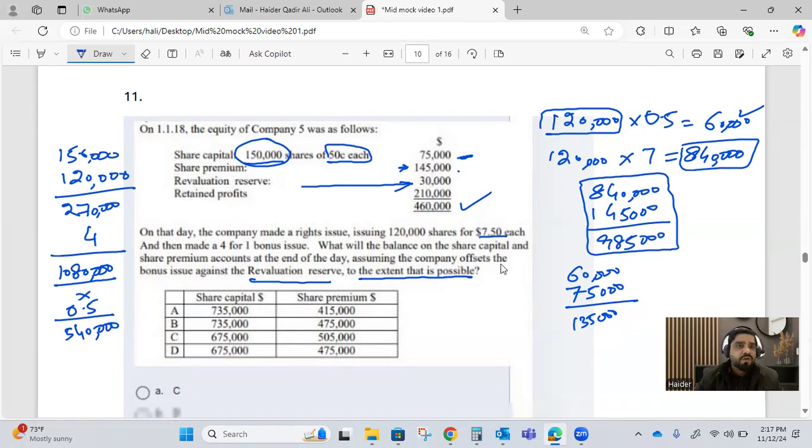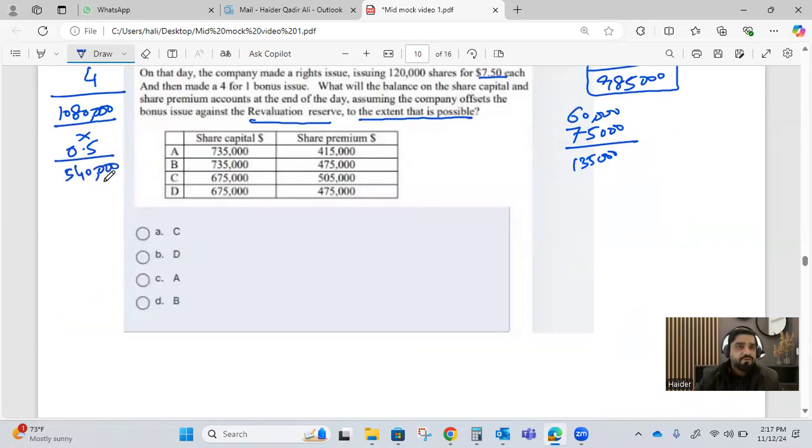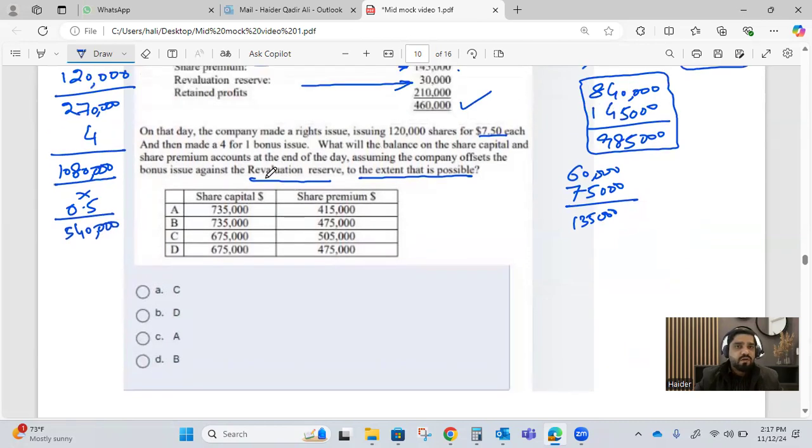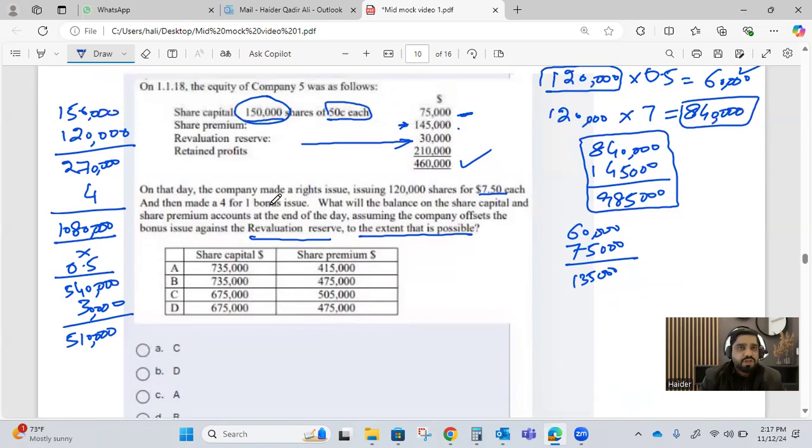But the question is, from where will we use this 540,000? First of all, they said we need to use the revaluation reserve. So the revaluation reserve will be fully utilized, meaning 30,000 will be fully utilized, and we are left with 510,000. Okay, but now the question is from where will we cover this 510,000. Obviously, our last resort is retained earnings, but before retained earnings, we have share premium.